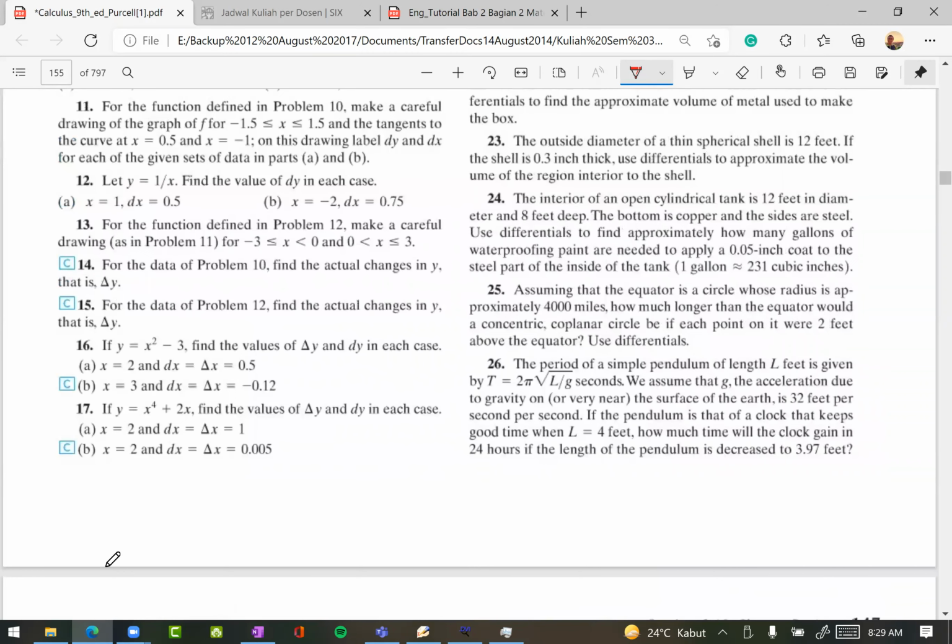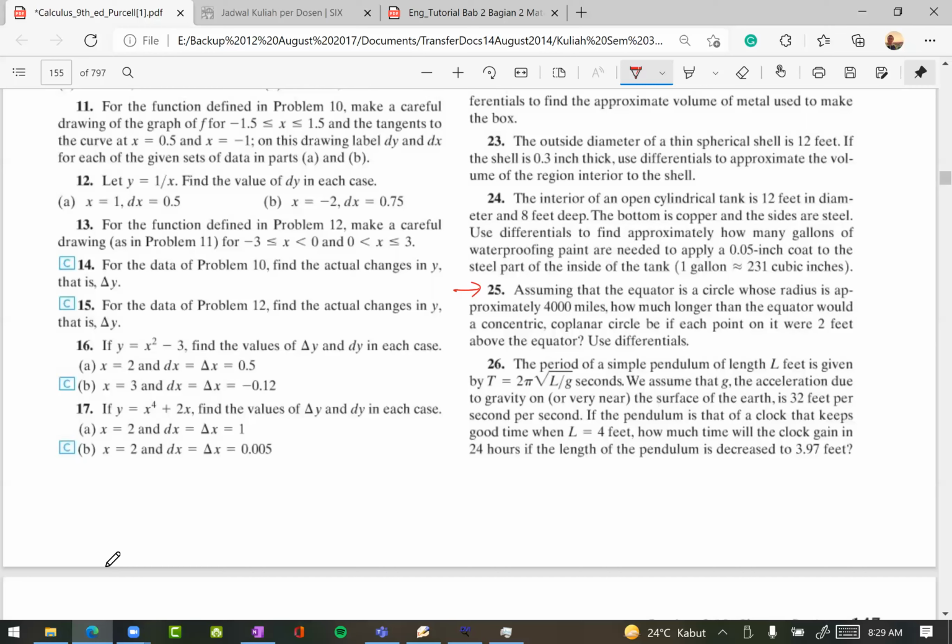See this number 25 here. Okay. So the equator is a circle with radius approximately 4,000 miles. So how much longer than the equator would a concentric coplanar circle be, each point of which is 2 feet above the equator?